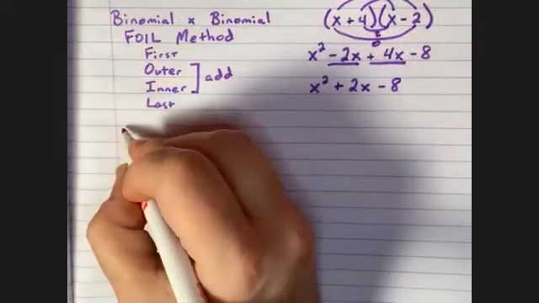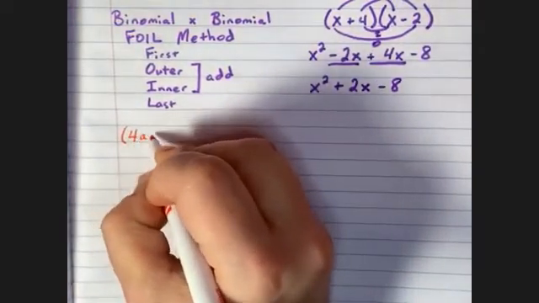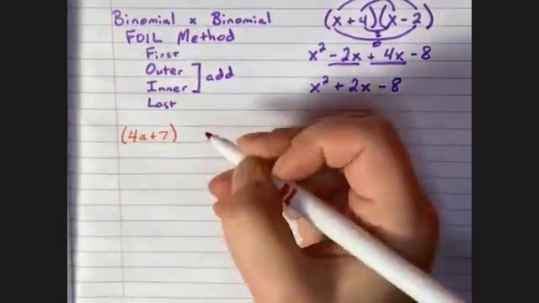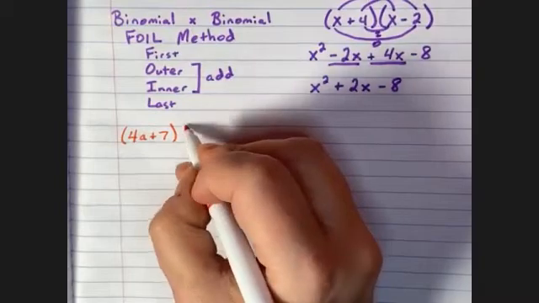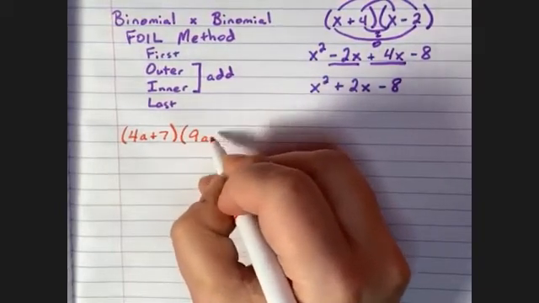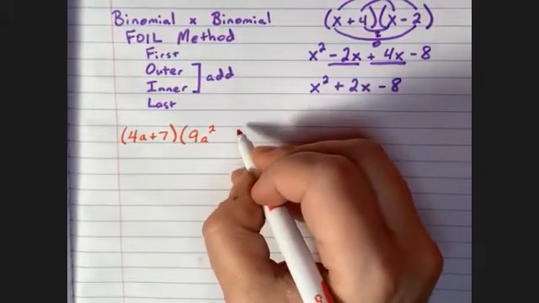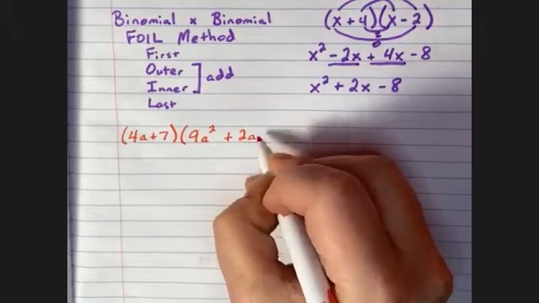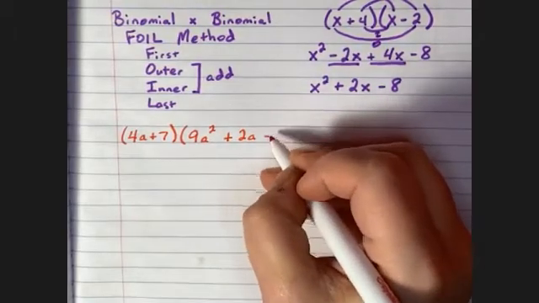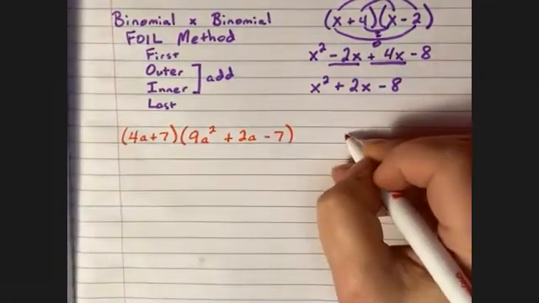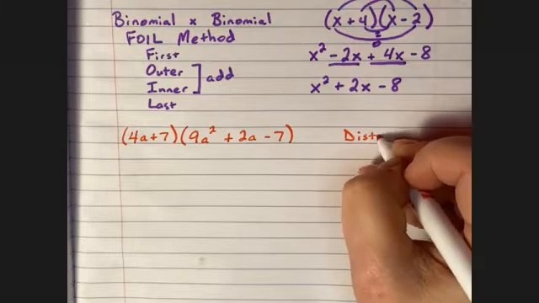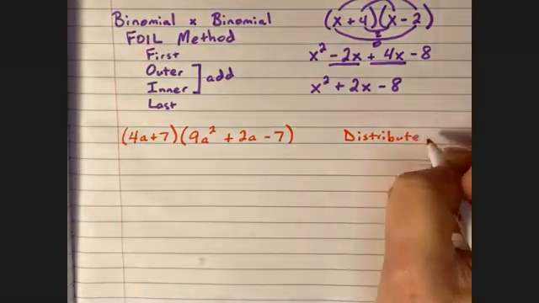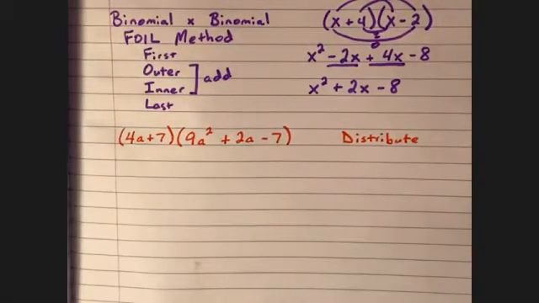So if I have this, 4a plus 7, and then 9a squared plus 2a minus 7. And once again, I'm just going to distribute. Or you could say distributive property if that makes you feel better.